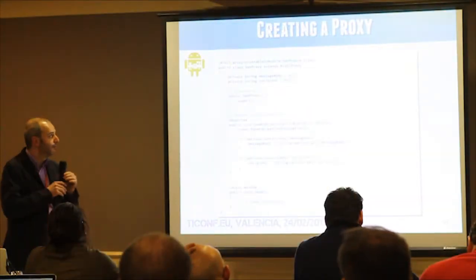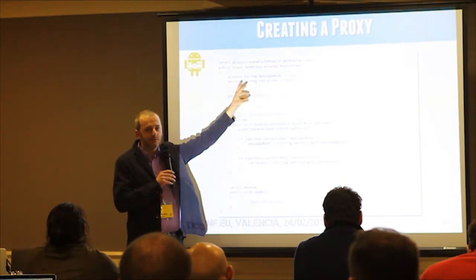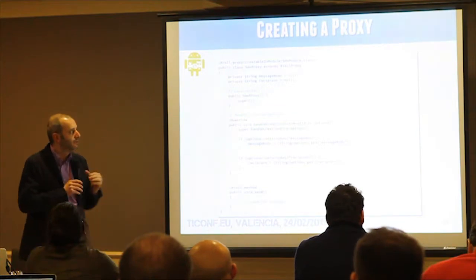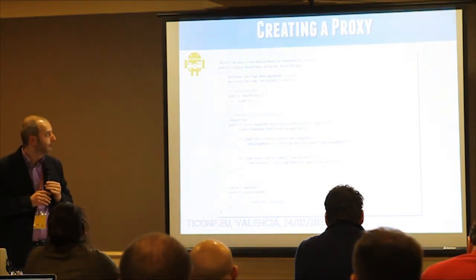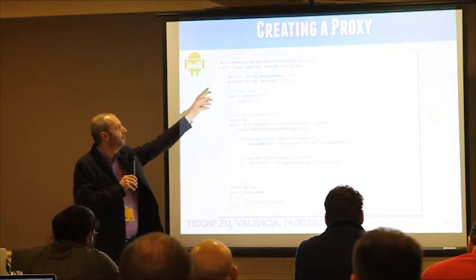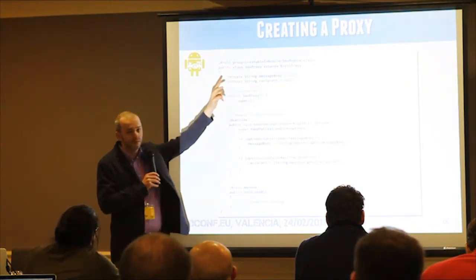Basically, the name of the proxy is SMS, so the class you have to name it SMS proxy. And it needs to extend the base class KrollProxy. And you also have to inform the framework that you are defining a proxy with this kind of annotation.